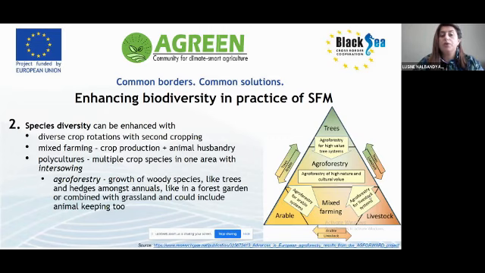And we need to know that this is the tendency now, that the importance of agrobiodiversity is more enhanced nowadays, and more attention is paid to this way of doing agriculture and combining agricultural production with agroforestry.